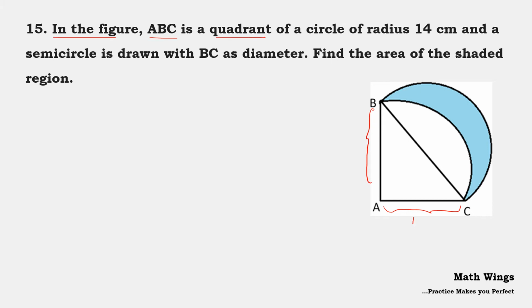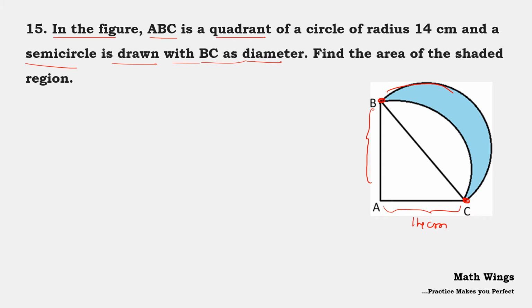So we can write this as 14 centimeter, and a semicircle is drawn with BC as the diameter. So observe that here BC is the diameter of the outer circle, correct?